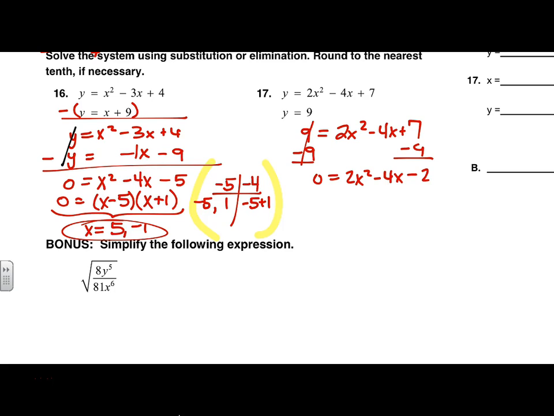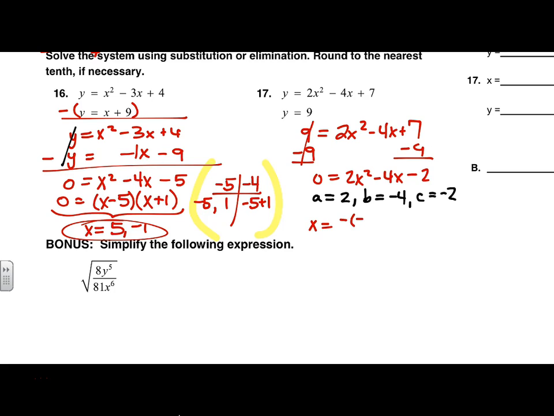We have some options. Let's just practice the quadratic formula one more time. A is equal to 2.